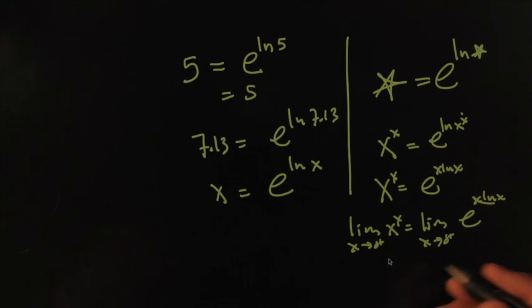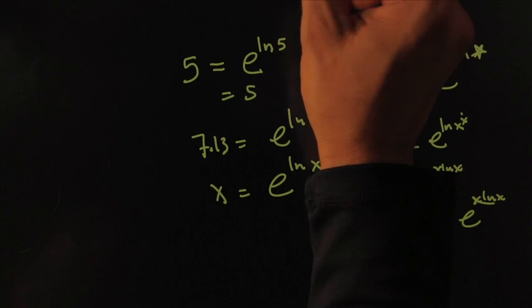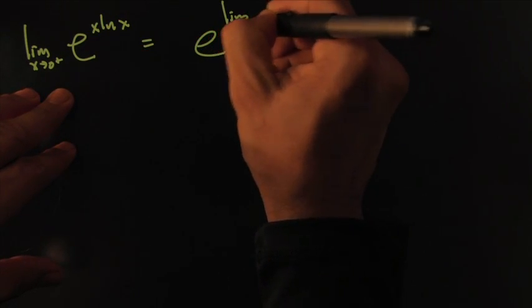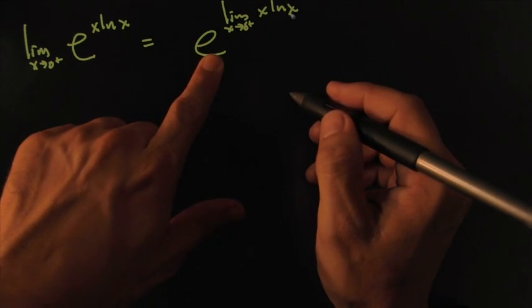What that means is that here, I'll just do it here. e to the limit as x goes to 0 from the positive side of x ln of x is equal to e raised to the limit as x goes to 0 from the positive side of x ln of x. And what does that mean?